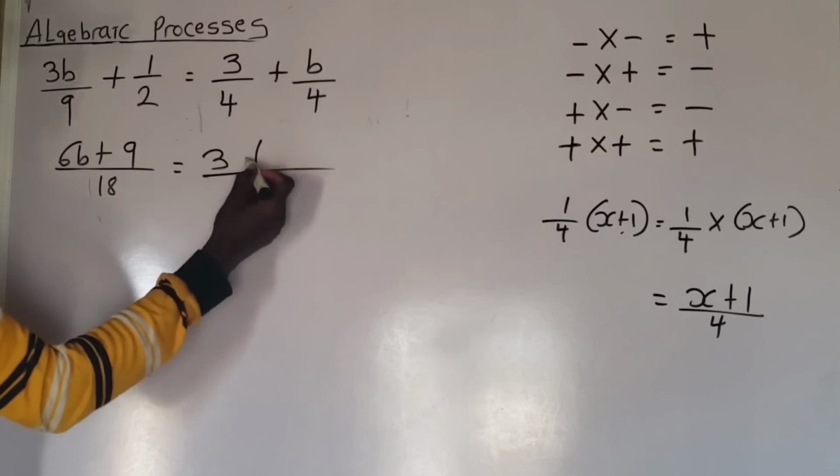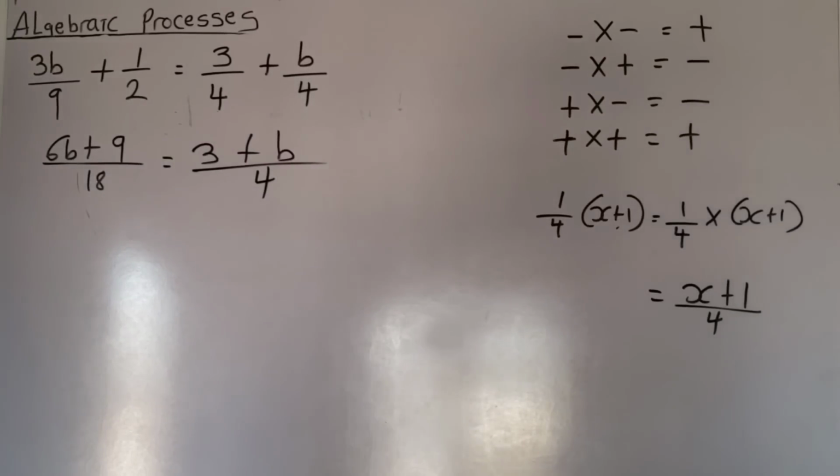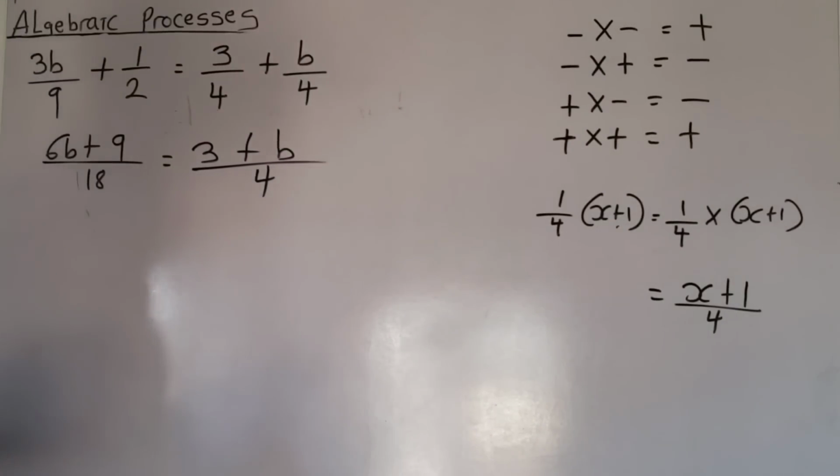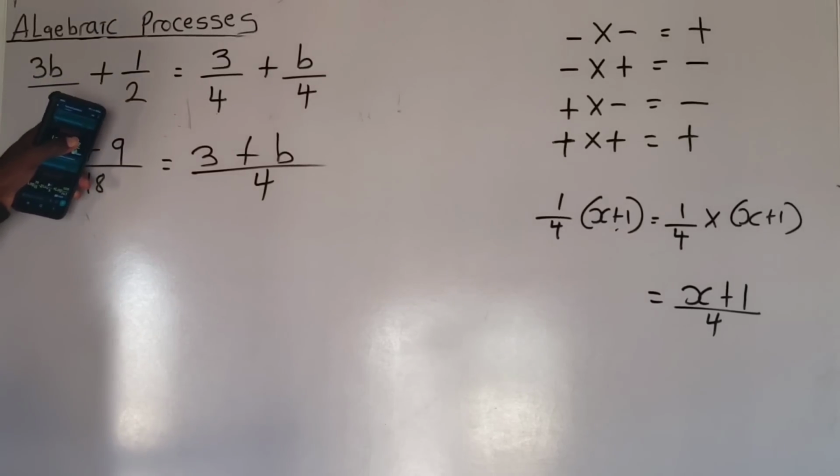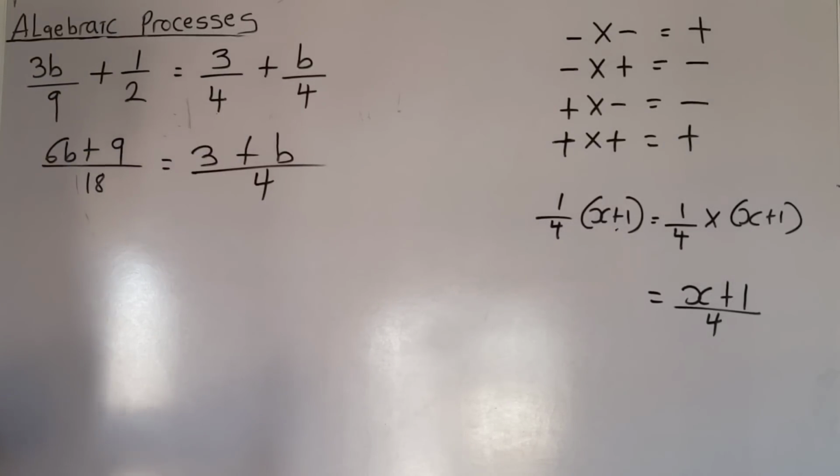Plus b. You see, what I did here is that I took the LCM of both the left hand side and the right hand side. You understand? Now the next step here is to take the cross product. When the sign between two fractions is an equals sign, we are going to take the cross product. You understand?